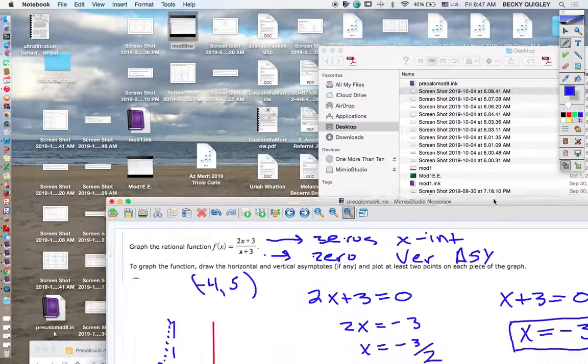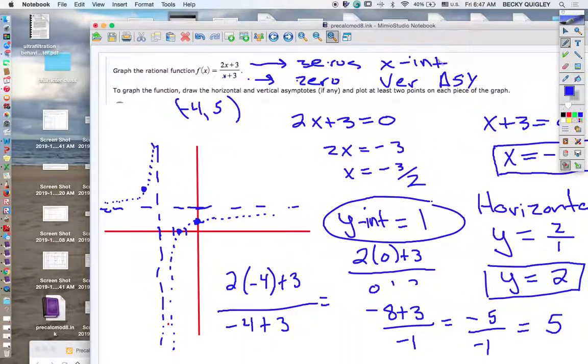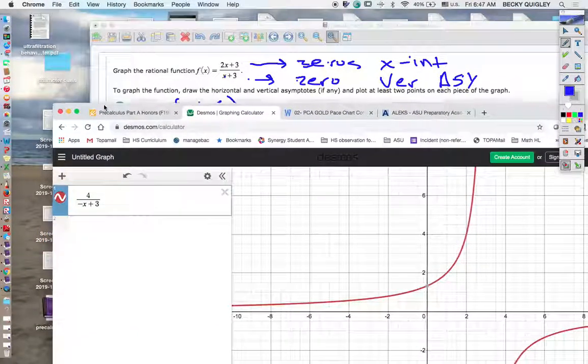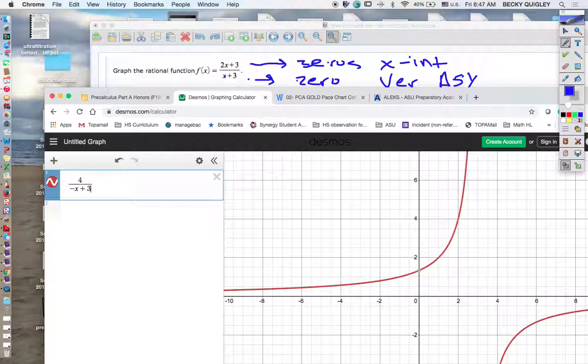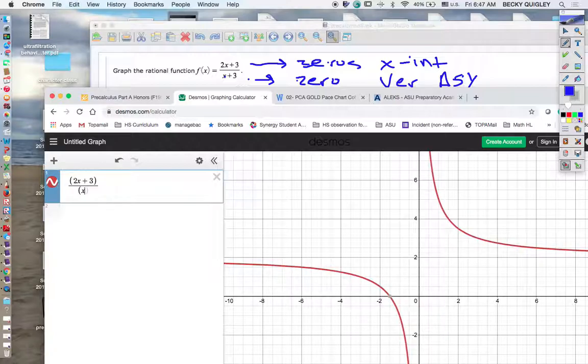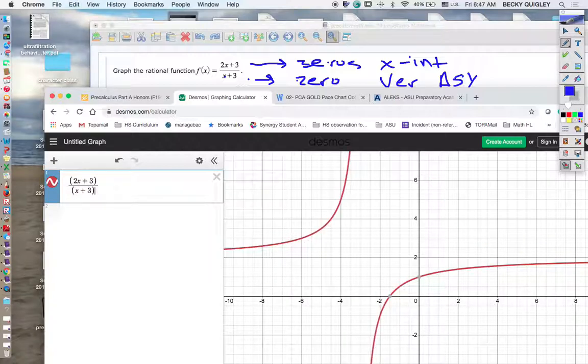It never hurts to go to Desmos and plug it in just to see the general shape in a more professional format. So plug that in. 2x, whoops, I need the 2x plus 3 divided by x plus 3. And there we go. Okay, so we can see our y-intercept at 1.